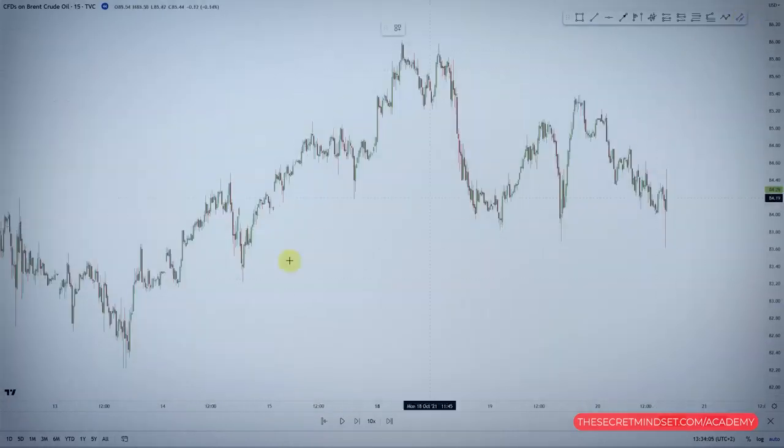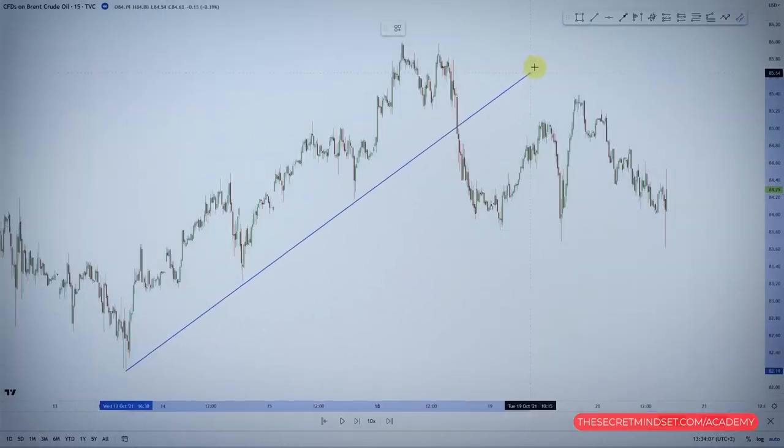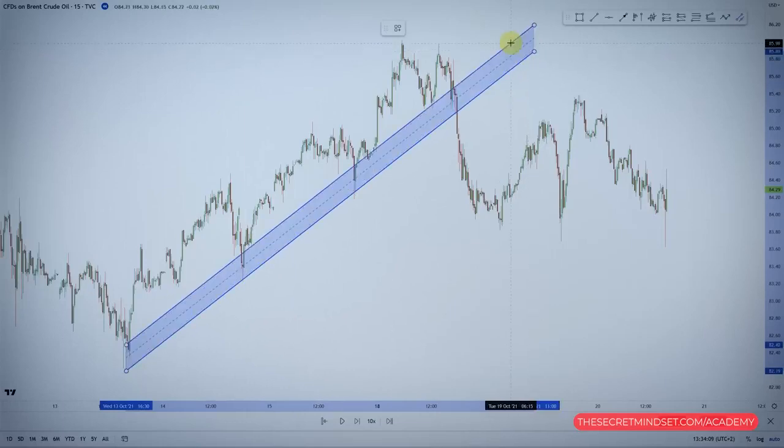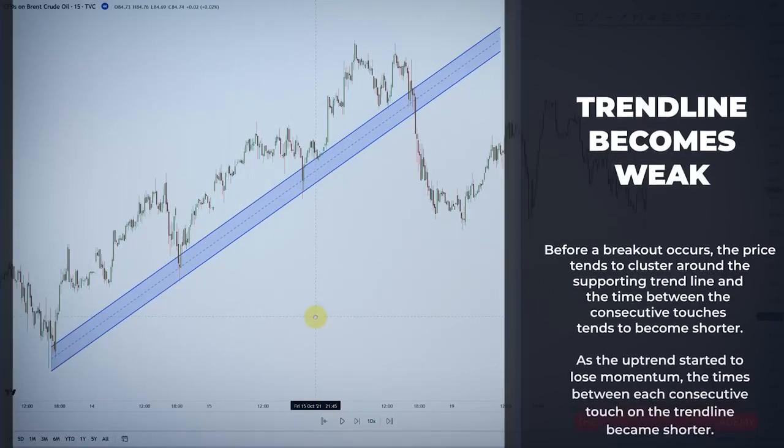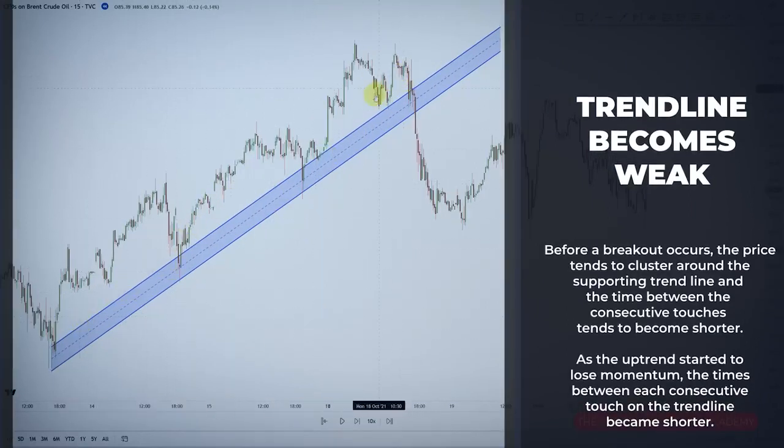So why is it important to measure the time between consecutive touches? We talked about this in the support and resistance module. Before a breakout occurs, the price tends to cluster around the supporting trend line, and the time between the consecutive touches tends to become shorter.